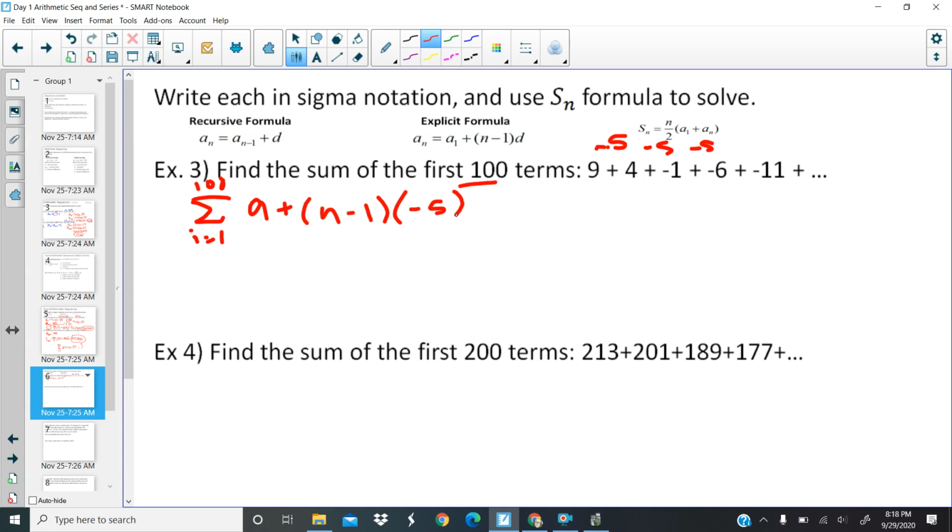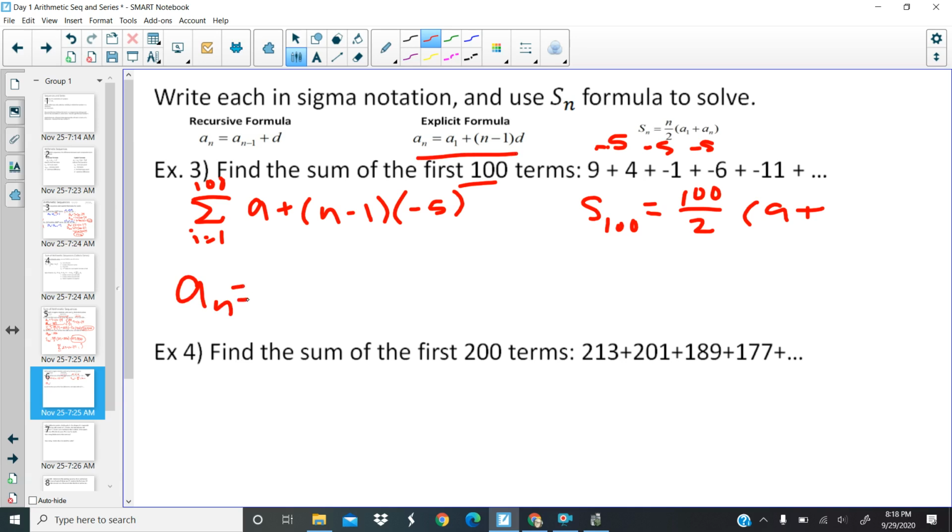So then I need to use my S sub n formula to find the sum of the first 100 terms. Instead of S sub n, we can do S sub 100, and it's going to equal n divided by 2, so that's 100 divided by 2 times the first term plus the last term. And that last term is the one that we're going to have to find using our A sub n formula, the explicit formula right here.